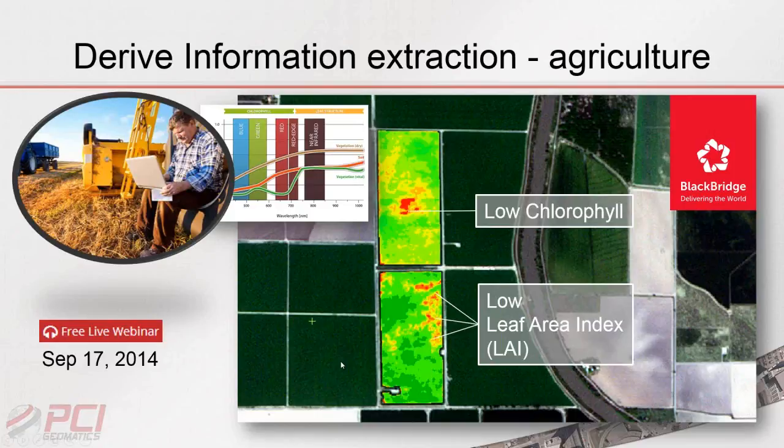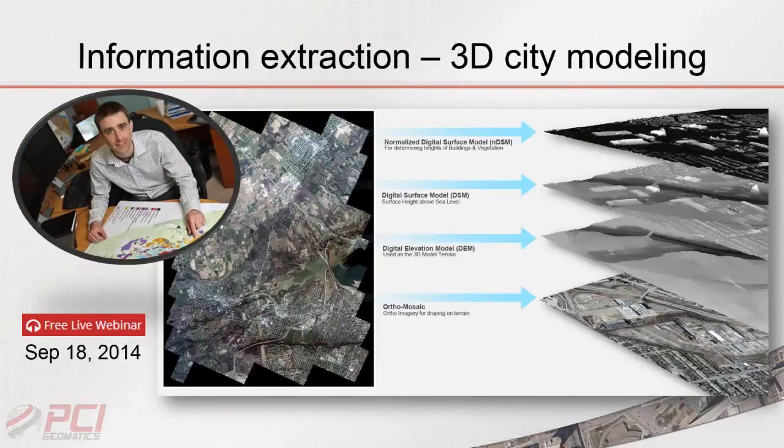So then the other webinar which we have coming up, I'll just quickly go to that next slide here. We have a really exciting webinar where we'll be featuring the use of our technology as well as CityEngine. For those of you who are unfamiliar with CityEngine, it is a tool that is made available through Esri, and we'll be using the digital surface models that we can extract from the stereo imagery.